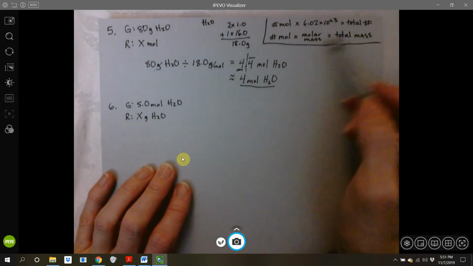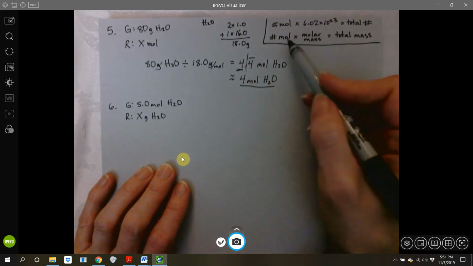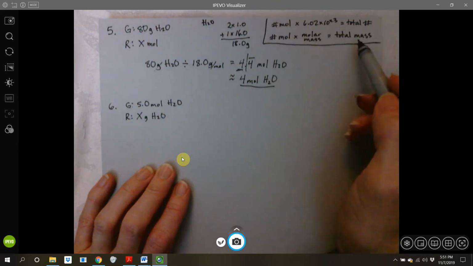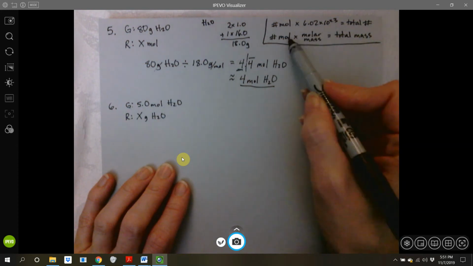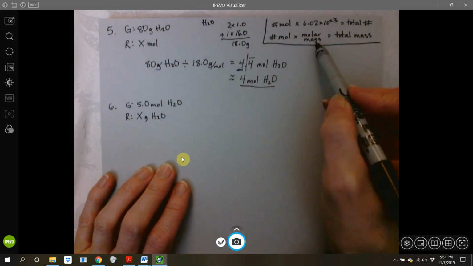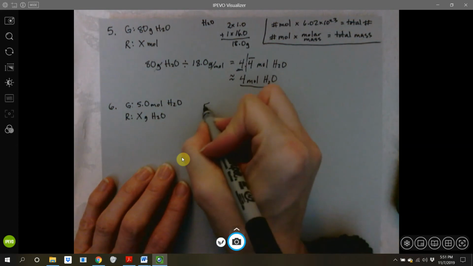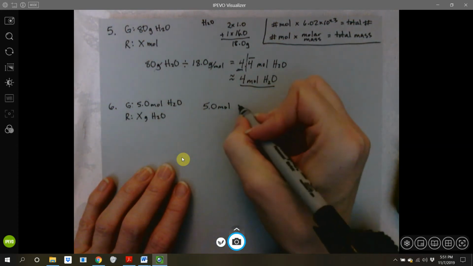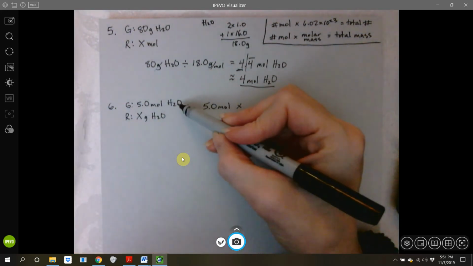So over in our little corner with our statements that are handy, we notice that we were given moles, okay, but we're looking for total mass, right? So we're going to use this second statement. We'll start with our number of moles. We'll multiply by our molar mass to get our total mass. So we've got 5.0 moles, and we'll multiply by, now we need the molar mass of water.